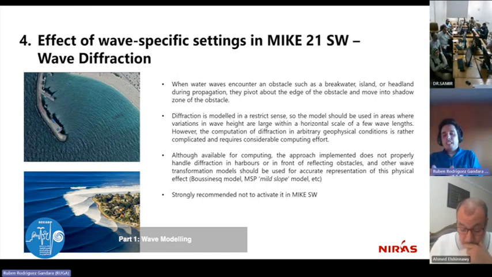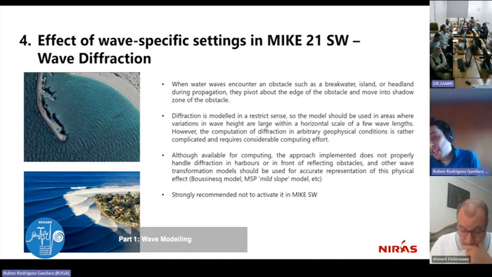So it will effectively compute how much energy is lost when doing the diffraction around the two sides of the island. But what you are going to get from that is very little. The changes in the wave energy are going to be very little, because Mike SW cannot compute it properly.